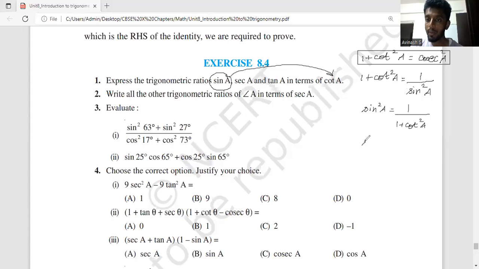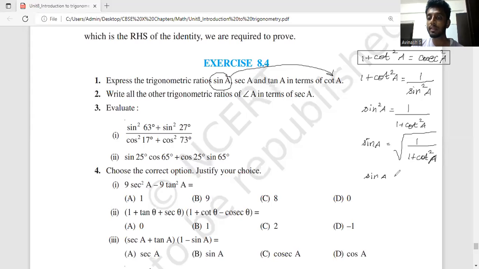But we are supposed to equate sine A, not sine square A. So when you make this sine square A into sine A, we take root in the right hand side, like this. Because see, if you look at this, how I have reduced it, the square has been removed, which means in the right side you should take a root, I mean the whole root. Now this is what you get. Now we know that this root can be distributed across the numerator and denominator.